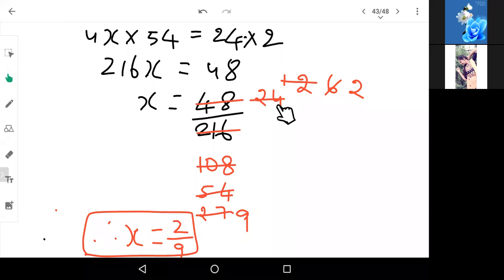After that, again 2 6s are 12, 2 2s are 4, 1 carried over, 2 7s are 14. Finally you cannot go with 2 again because there is 7 here. So we went with 3. 3 2s are 6, 3 9s are 27. So you have got 2 by 9. We are expressing the value in the simplest fraction format, that is 2 by 9. Understood?